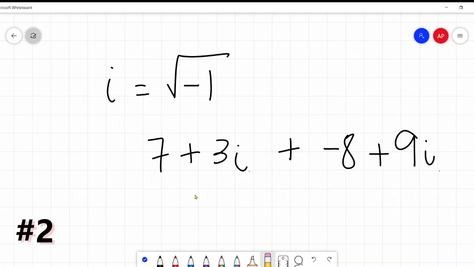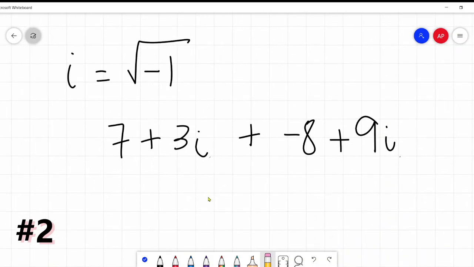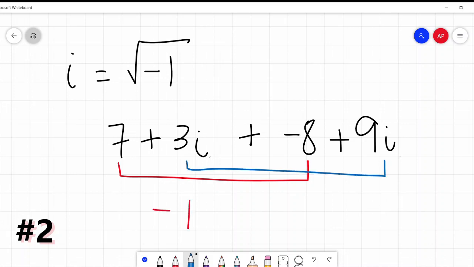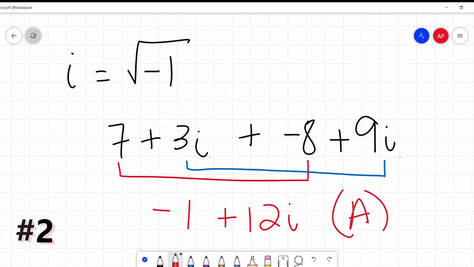Honestly, this is just a straightforward combining like terms. So 7 and negative 8, combine those to be negative 1. And I can combine 3i and 9i to be 12i. That's it. That's all there is to it. And that is option A.